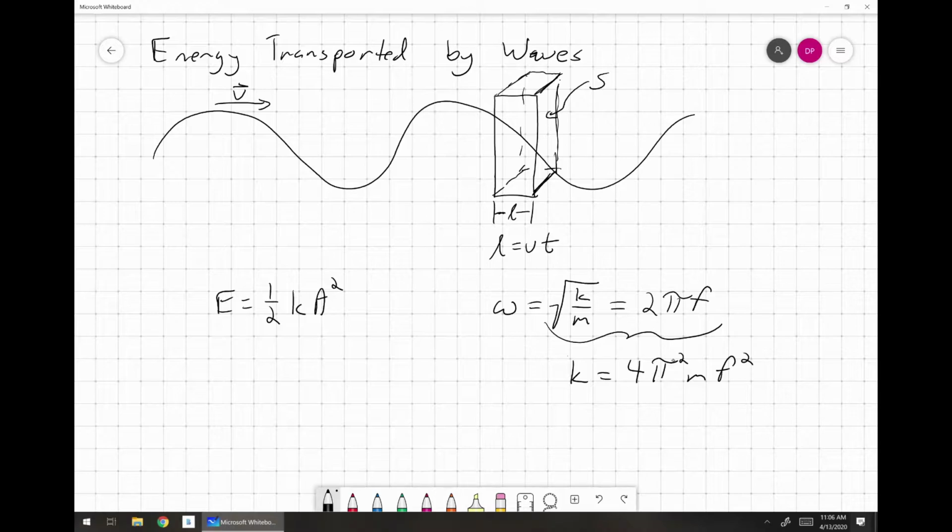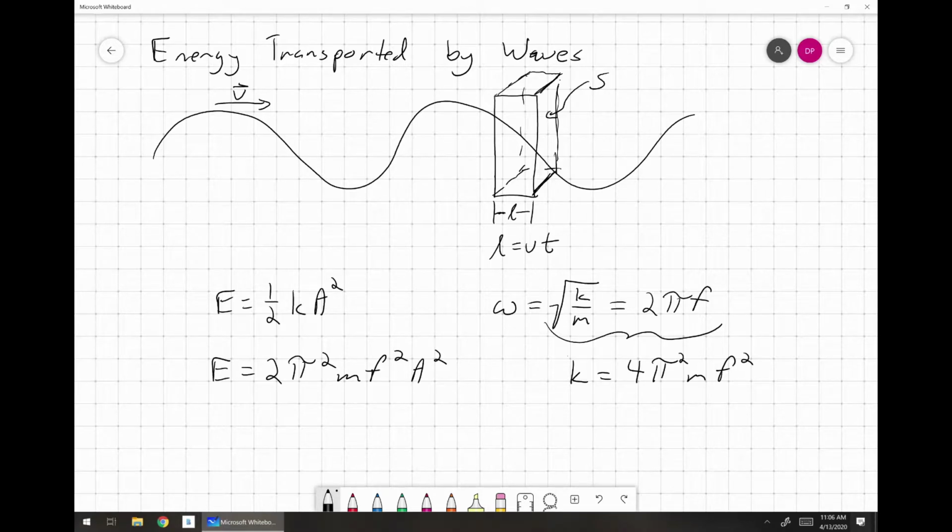And we can plug that into our energy equation over here. So the 1/2 and the 4 leave us with a 2. We get 2 pi squared m f squared, and also A squared. There we go. So that is the energy being carried by this wave, right?